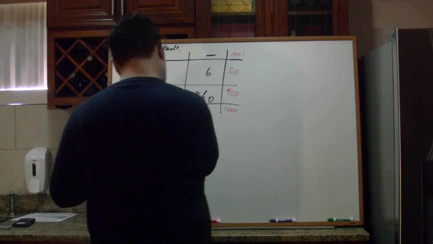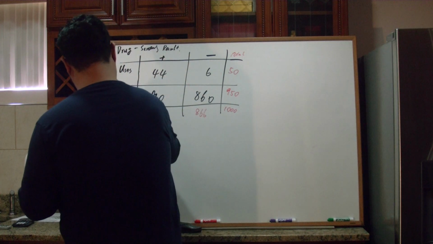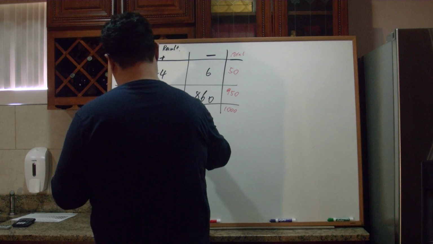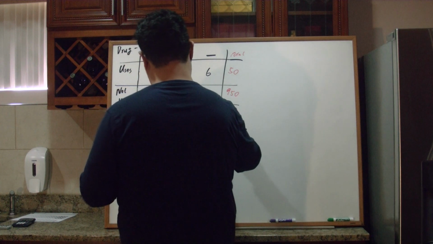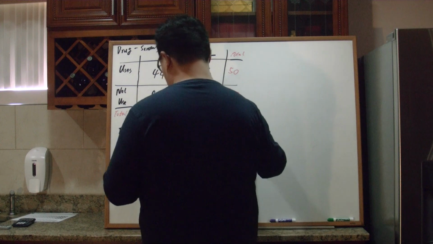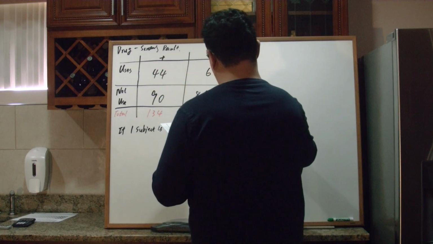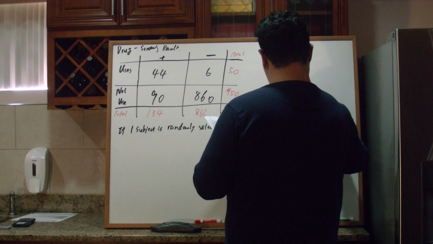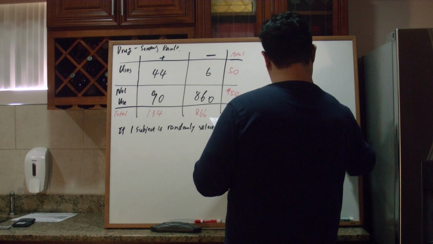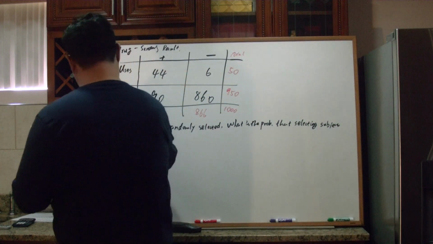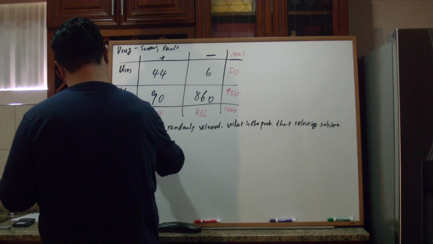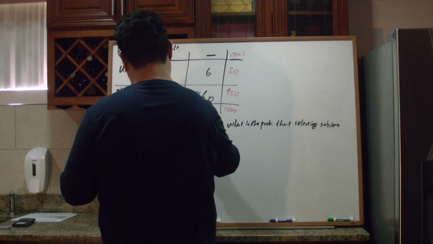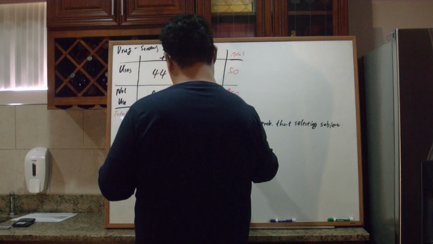Right, so the question is, if one subject is randomly selected, what is the probability that selecting the subject has a positive test result or uses drugs?